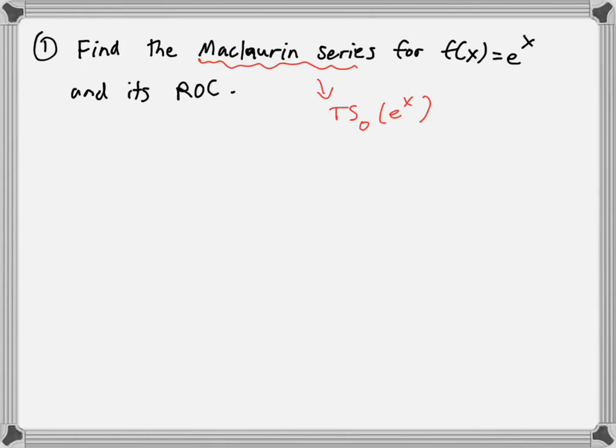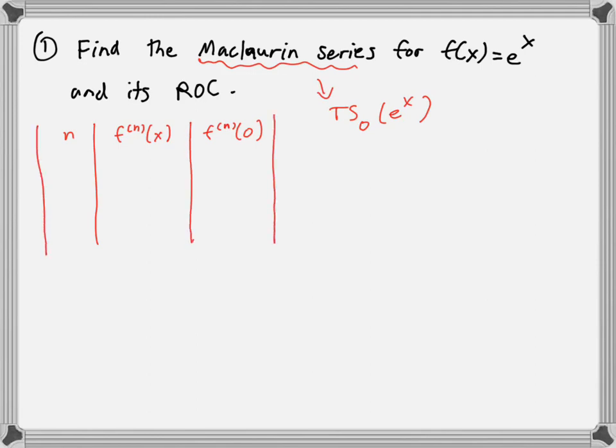So here's how you do it. Create an n, and then create this column, okay? So the idea is that for each n, we're going to calculate this, okay?